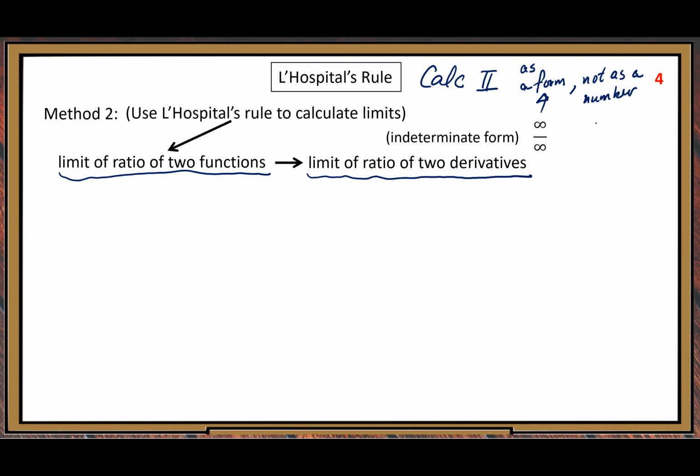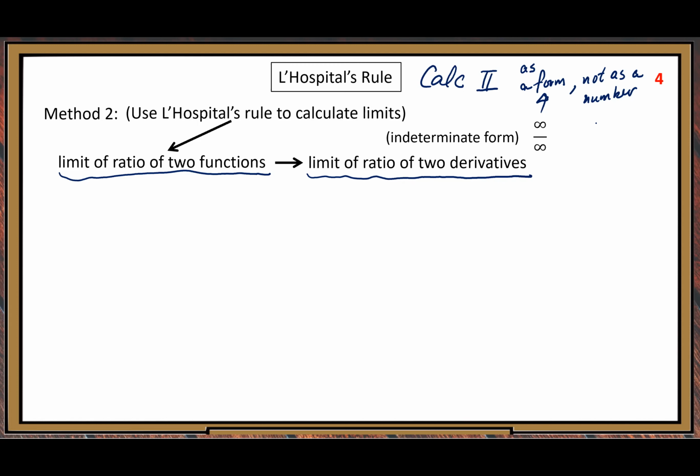The numerator function approaches infinity when n goes to infinity. The denominator function also approaches infinity when n goes to infinity. That's the meaning of this indeterminate form.